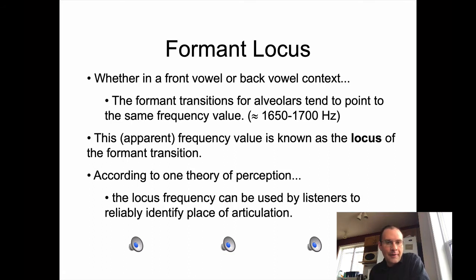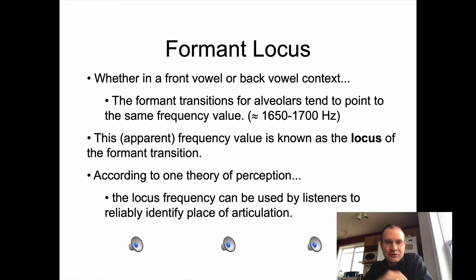So people got interested in trying to figure out how we identify stop place of articulation when they invented the spectrogram, or the spectrograph, way back in the 40s. And it was pretty easy to figure out what vowels were doing, because you could see, in the steady state of the vowel, that the formants were changing.